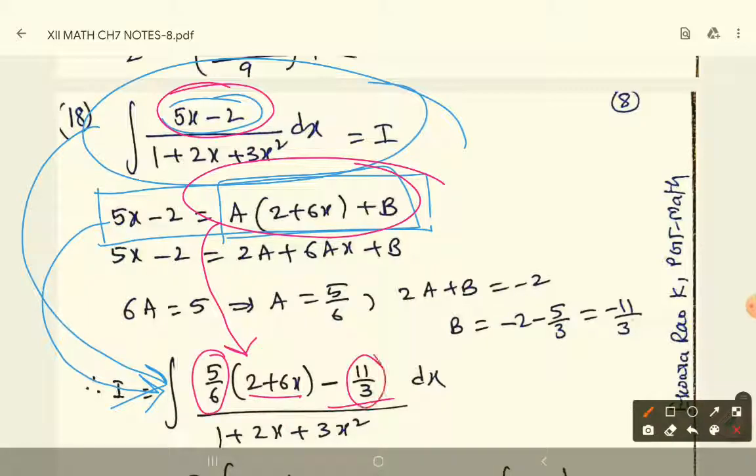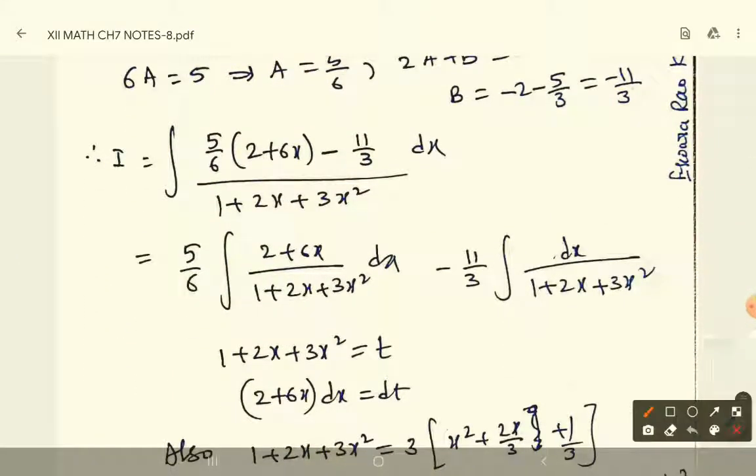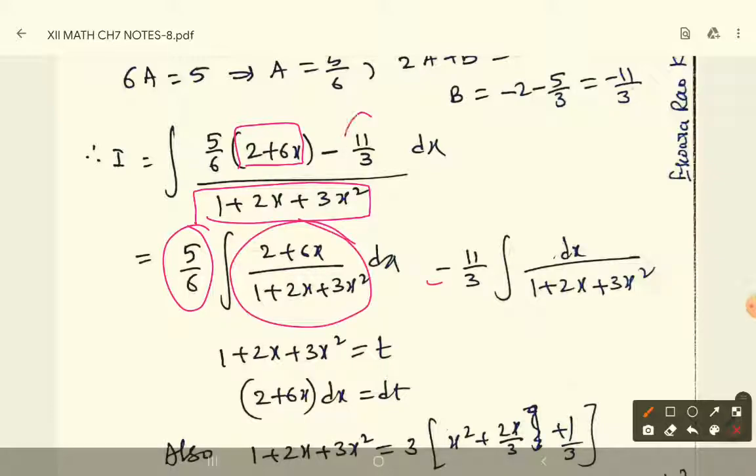A and b values we just now found. Substituted, by 1 plus 2x plus 3x square. Now what do I have to do? Once you do like this, you will have to split the fraction into 2 fractions. 5 by 6 is outside. 2 plus 6x by 1 plus 2x plus 3x square is 1 fraction. Minus 11 by 3 is outside into dx by 1 plus 2x plus 3x square.